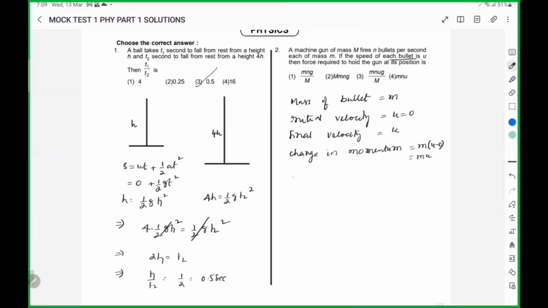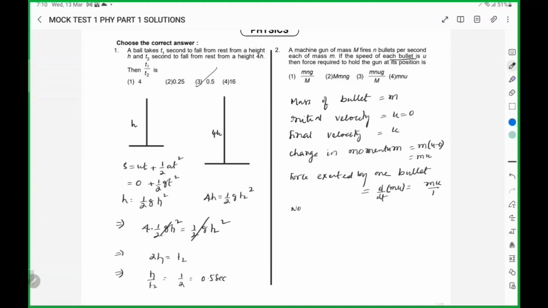So now here, force exerted by one bullet is rate of change of momentum. That is given, that is per 1 second.